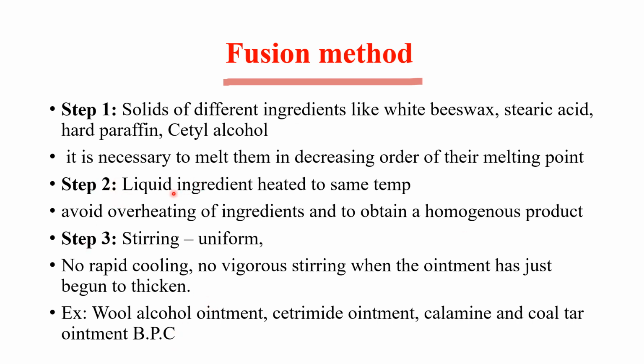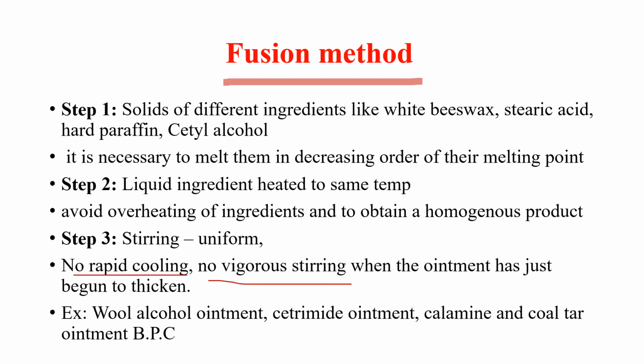Once you heat these two at the same temperature, you have to ensure that overheating of the ingredients does not occur. Now you add your liquid ingredients in step 3 to the solid melted materials and mix uniformly. After mixing uniformly, slowly stir the solution and don't cool the solution rapidly.